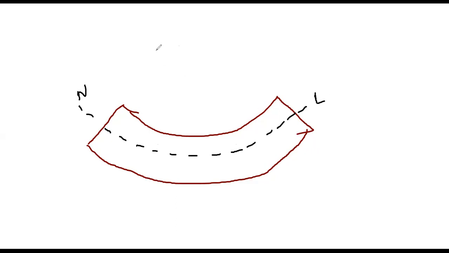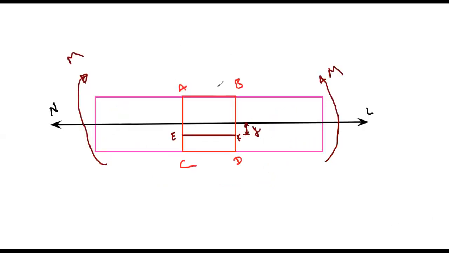And the small element which we have here, like earlier we had this small element ABCD. Here this AB, the upper or inner layer, undergoes compression because of this bending.